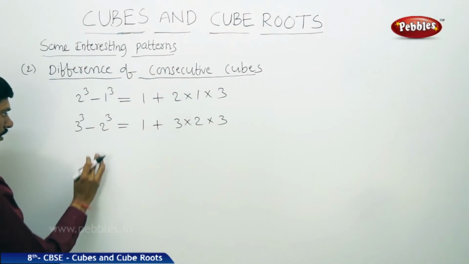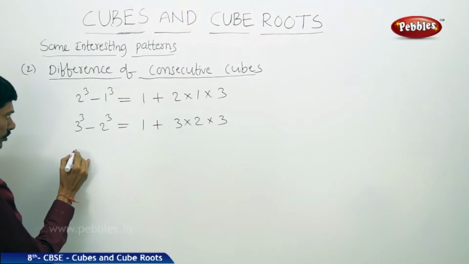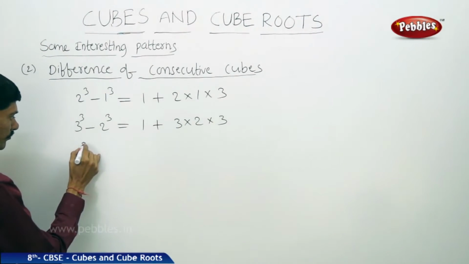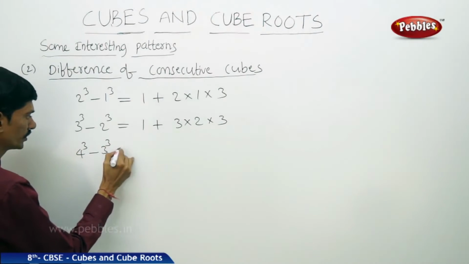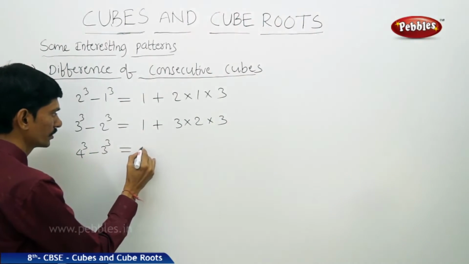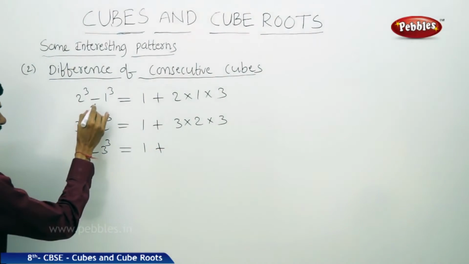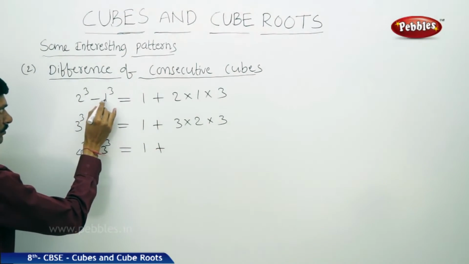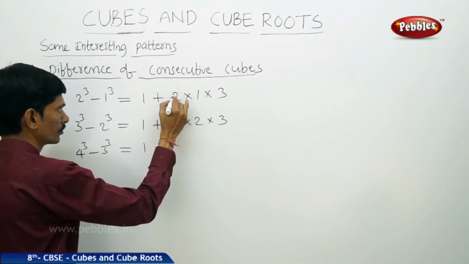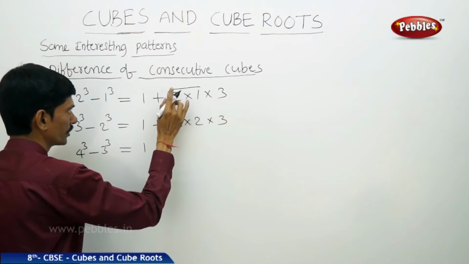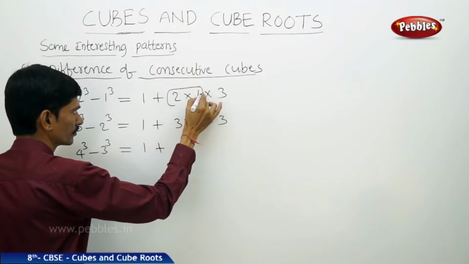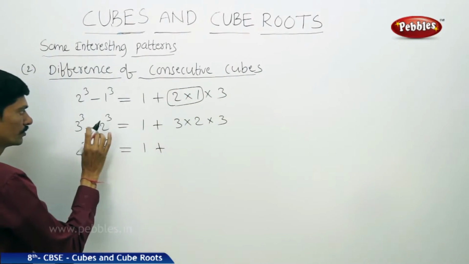Now let us write the next pattern, that is 4 cube minus 3 cube, which equals, so we can write 1 plus, see here in the first two patterns we can observe 2 1. Here also 2 1 are there, the given numbers, and here also 3 2 in the second step.